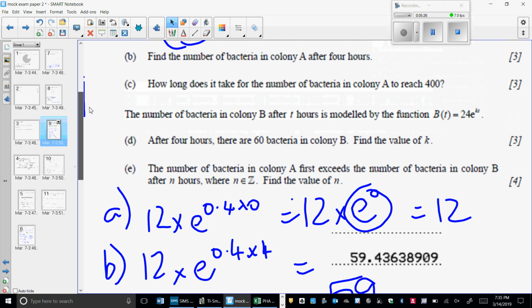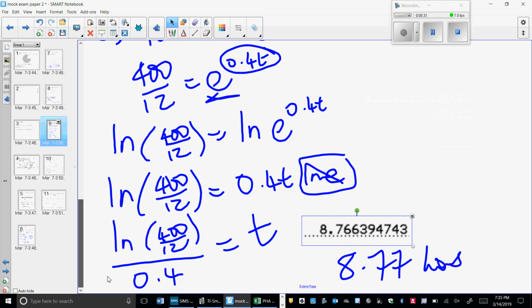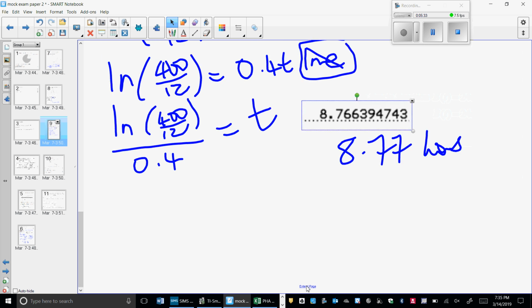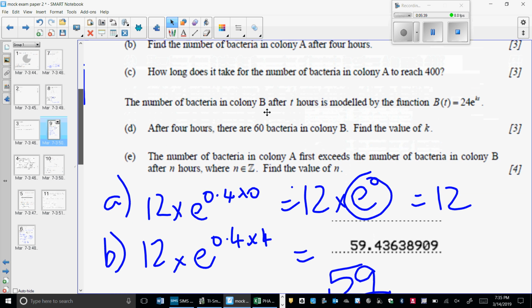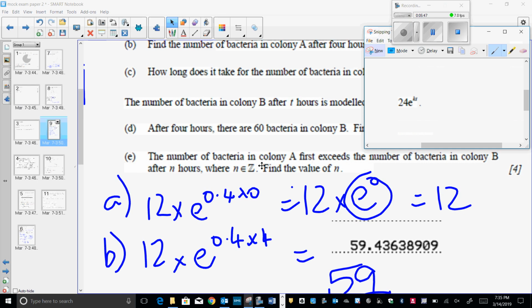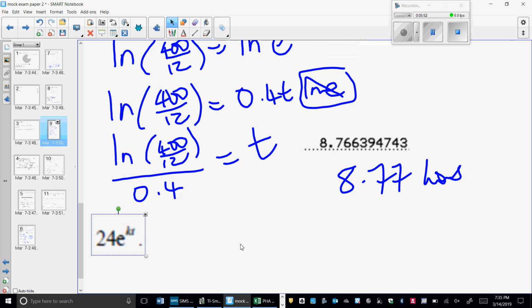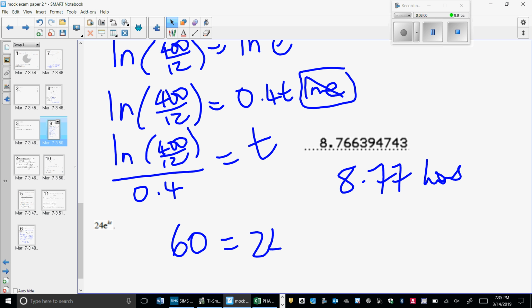C. After 4 hours, there were 60 bacteria. Find K. So after four hours there were 60 bacteria, 24e to the 4k.